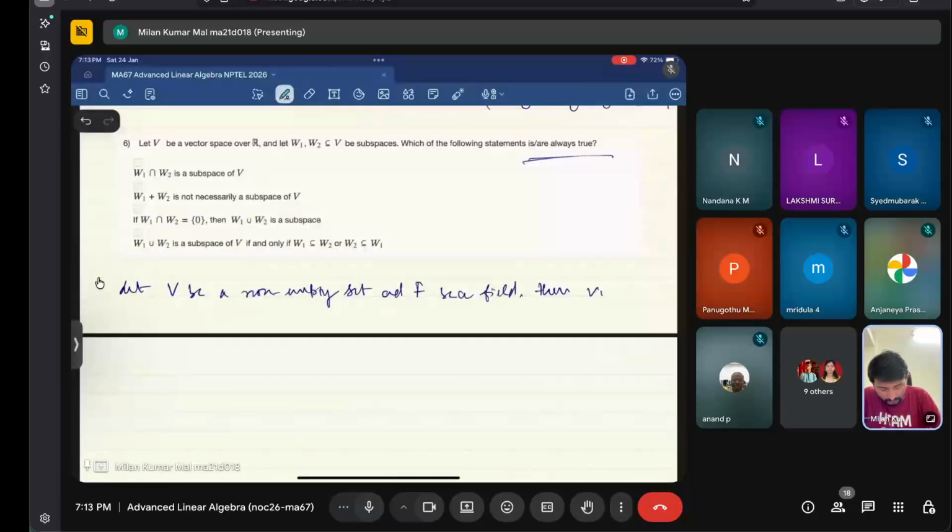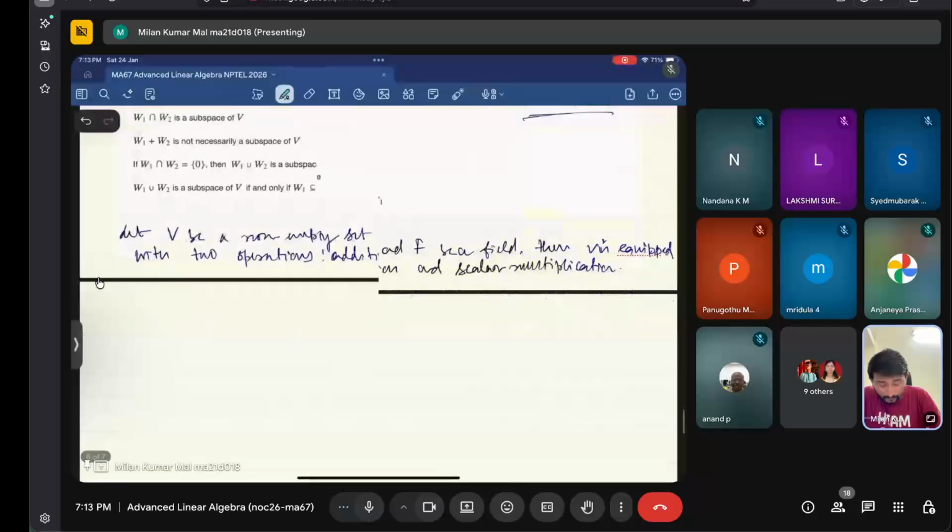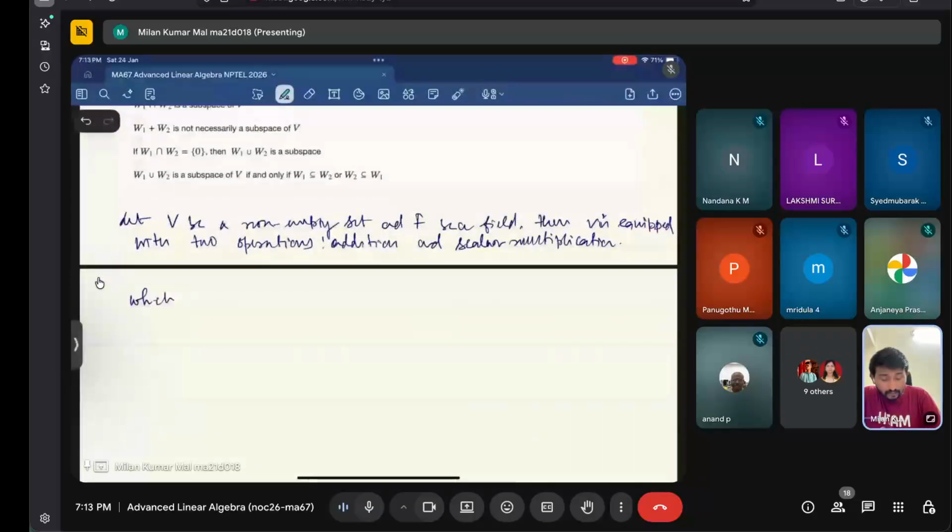They are addition and scalar multiplication, as I said previously, which should satisfy some conditions.